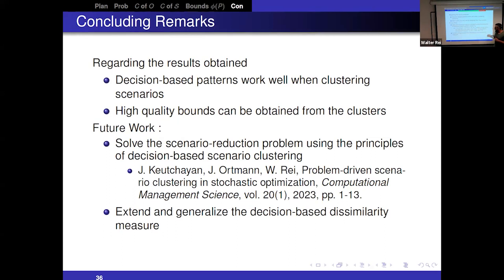In terms of extending, I think there's still a lot of work to be done. What you're doing is associating decision data to scenarios. Here we use one single solution for each scenario. You can use alternatives; the dissimilarity can be defined in various ways.